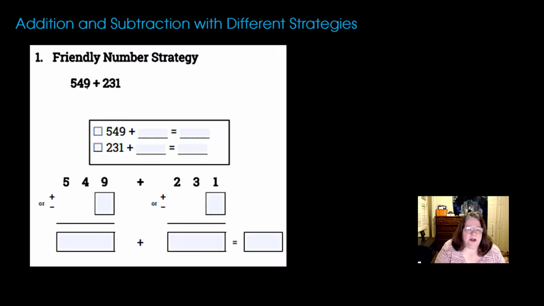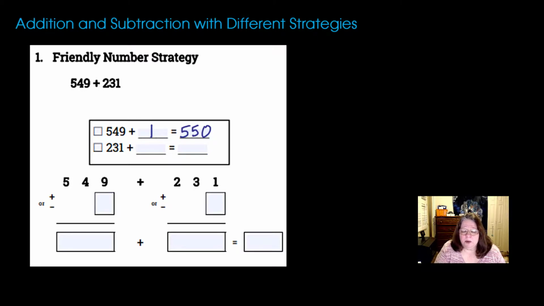So we look at each one and then decide which one we are going to choose. So 549. Well, that is only one away from 550. So if we add 1 to 549, 549 plus 1 is 550. Now 231. I don't want to go backwards to 230.